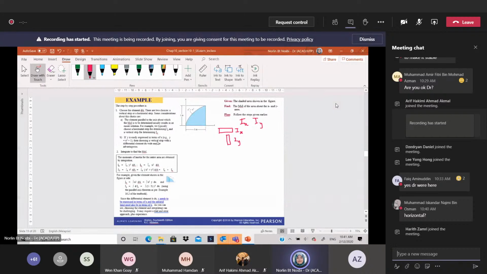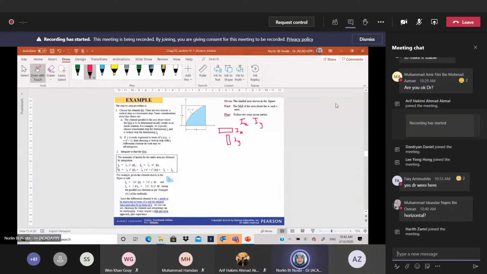You want to find the element at the x. And then the second step: how do you use this? This is the common one, Ix equals the integral of y squared dA, so you just have to use this shape. But how about the Iy?